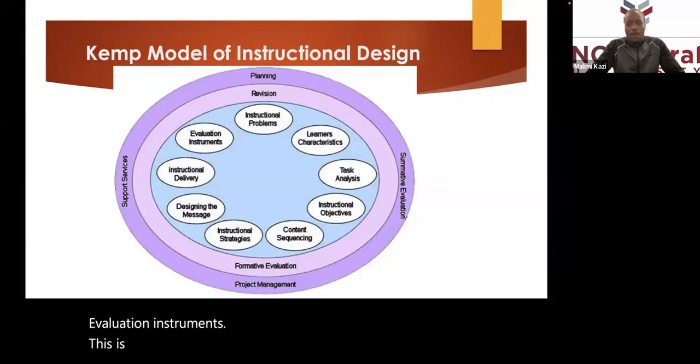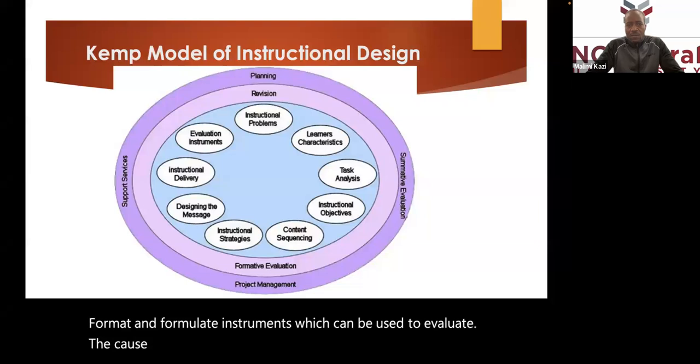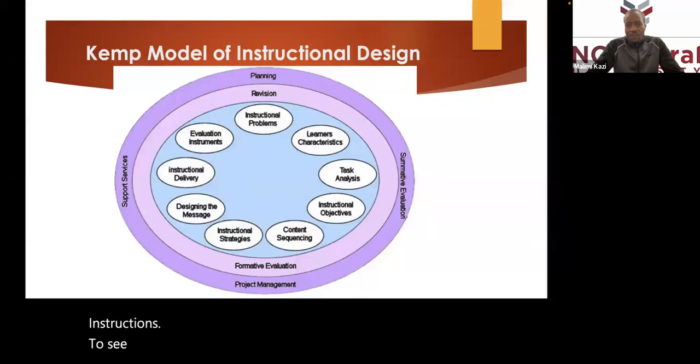This is where you prepare, format and formulate instruments which can be used to evaluate the course of the instructions to see if the instructional objectives have been achieved or not.